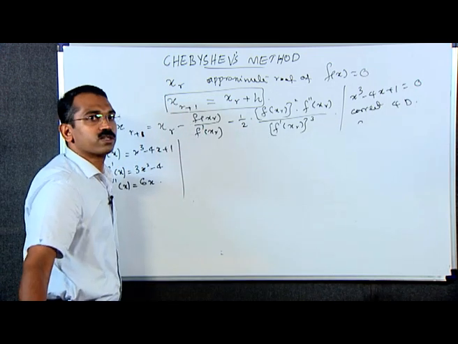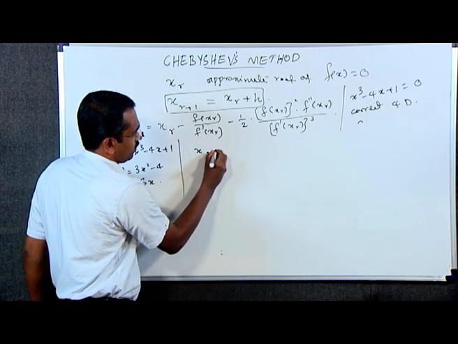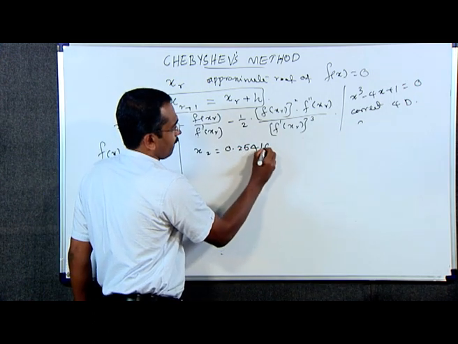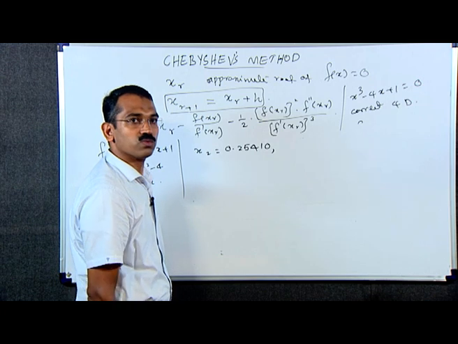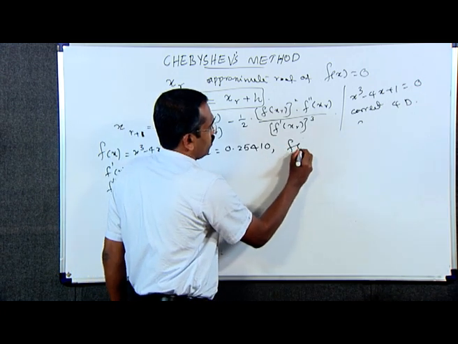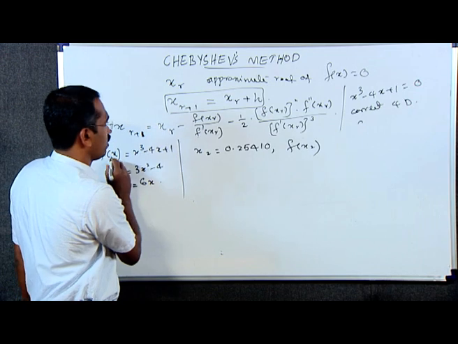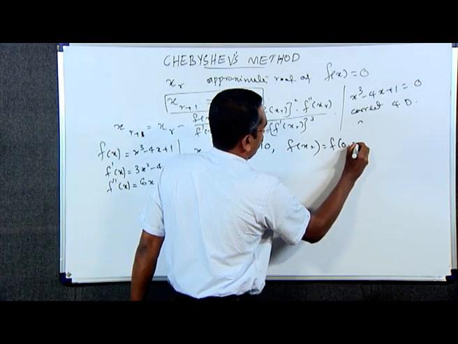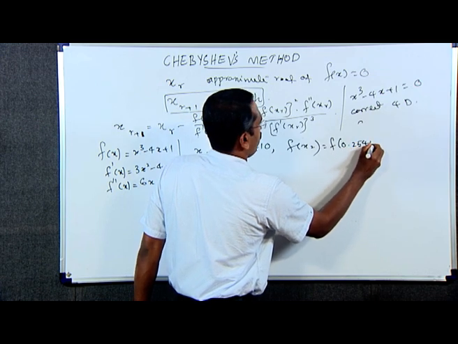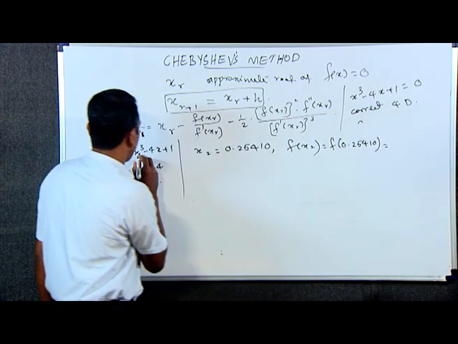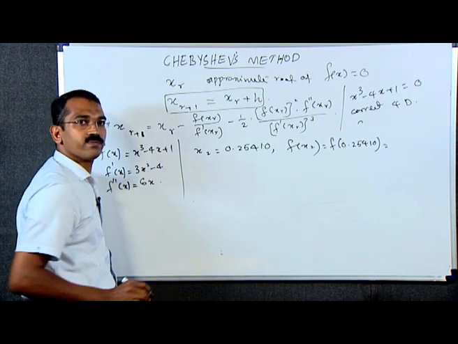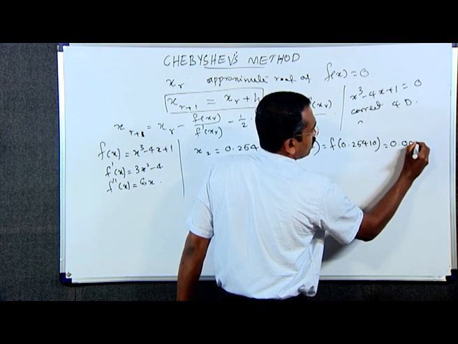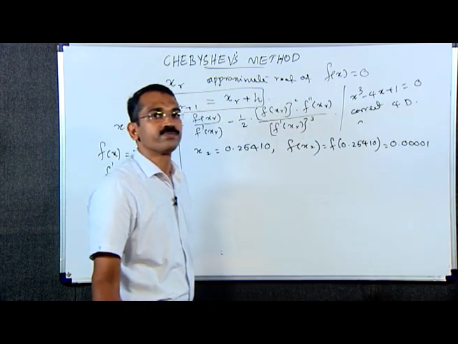We take x2 as 0.25410, then f of x2, which is f of 0.25410, from this expression will be 0.00001.